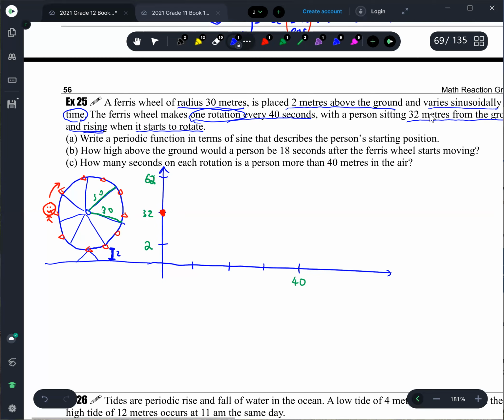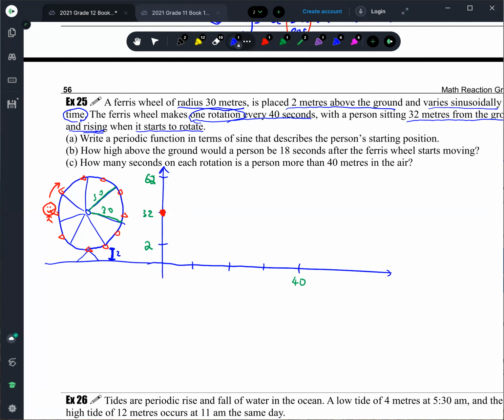Okay, please raise your hand if you finish the graph. Starts from 32 and rising, okay?